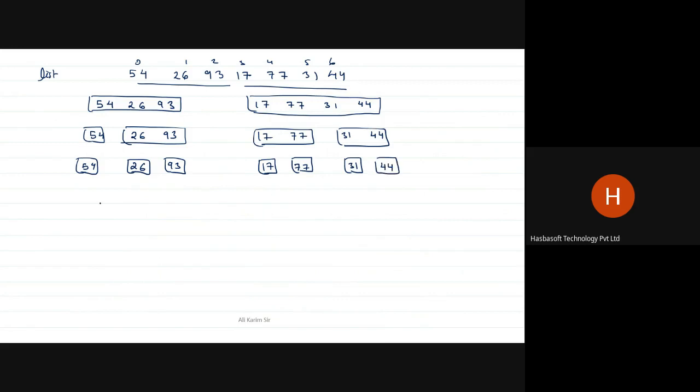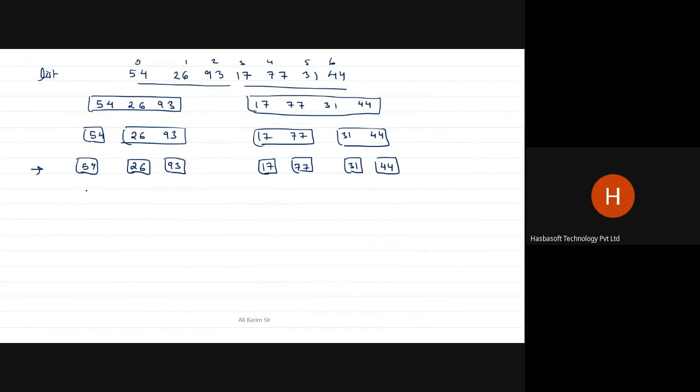The reason behind keeping on dividing like this is that at the end you should have only single numbers. Now after this, you will keep on merging.